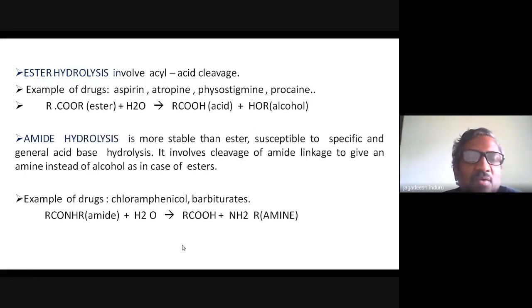Within 5 to 10 minutes the reaction progresses much faster by heating at 50, 60, 70. If it is a straight line, extrapolate to room temperature and find out its rate of reaction. After knowing the rate of reaction, you can calculate the shelf life and half-life by knowing the rate constant and equations.